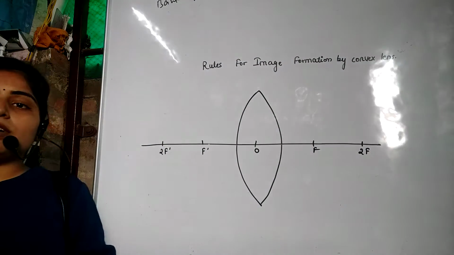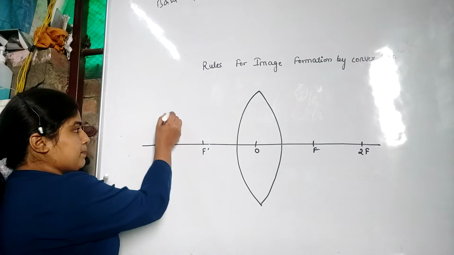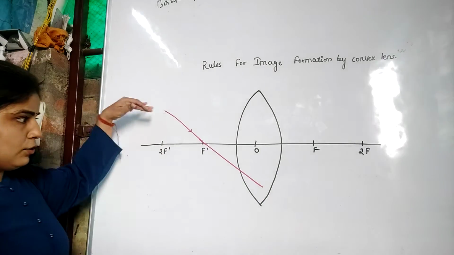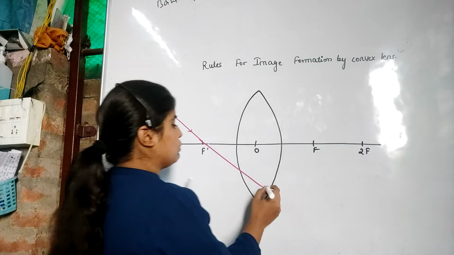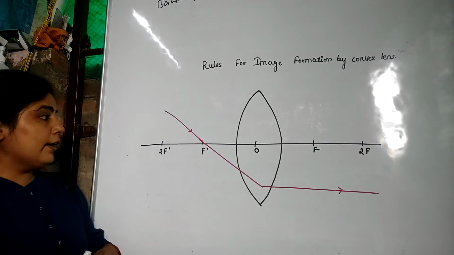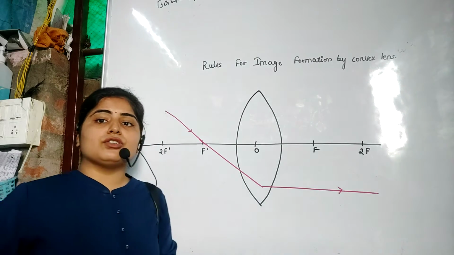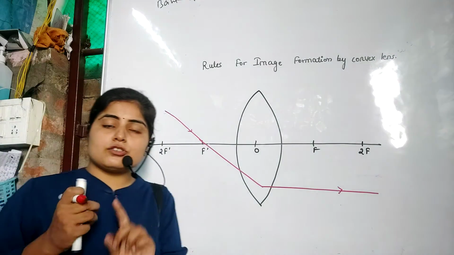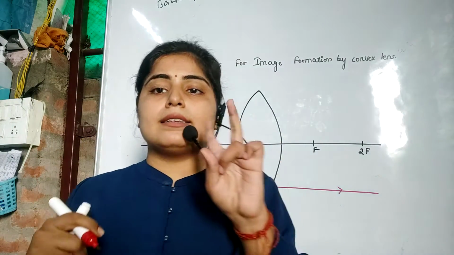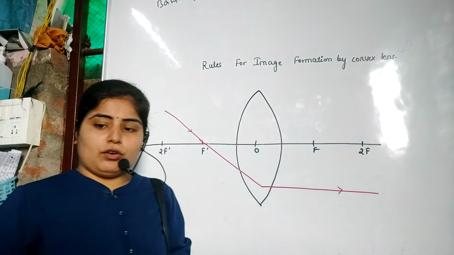The second rule of image formation by the convex lens is that a ray of light which is passing through the focus, after refraction through the convex lens, will be parallel to the principal axis. The first rule was a ray which was initially parallel passes through the focus, and the second rule is that a ray of light passing through the focus will be parallel after refraction.